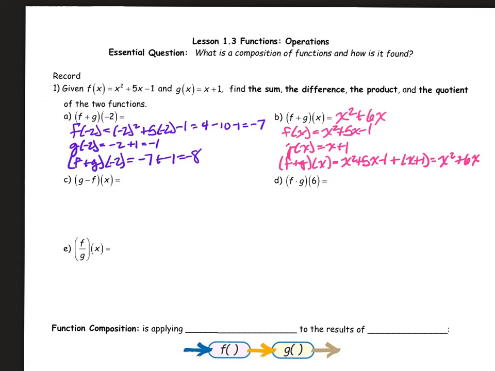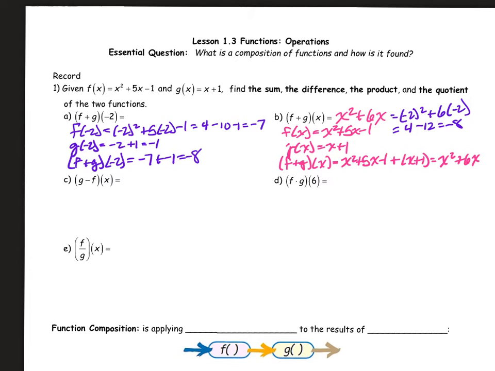So let's try it. So I get -2 squared plus 6 times -2, which equals 4 minus 12, which equals -8. So either way you do it, I don't care. Whichever way you feel that your brain works better or you understand better, awesome.